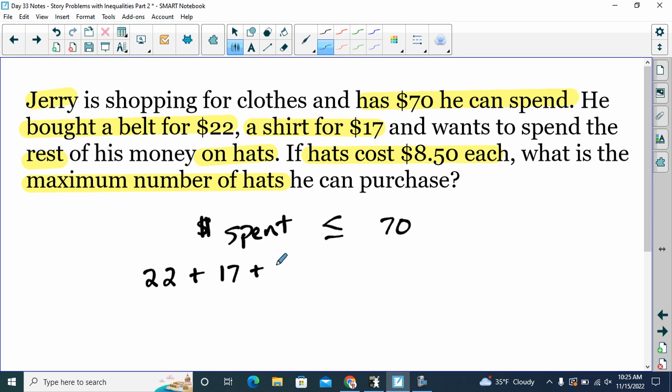He's going to spend $8.50 on each hat. So because it's each hat, he's spending that $8.50 over and over again based on the number of hats he buys. So $8.50 per hat, where X is the number of hats that he buys.